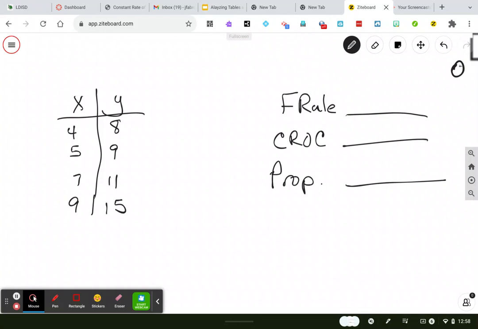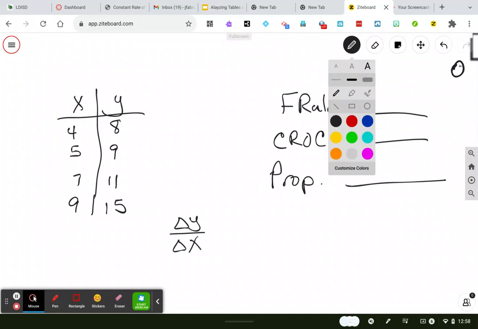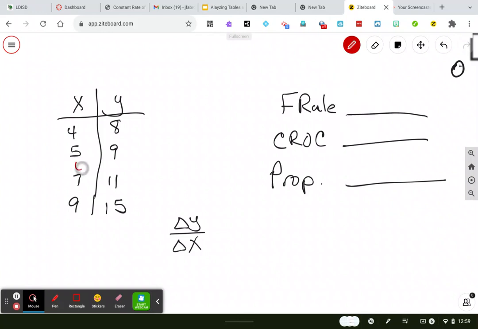Okay. This is where you got to pay attention. Change in y over the change in x. Let's look at this table. If I were to put it on a number line, there are numbers between here. There's 4 to 5, and then the number between 5 and 7 is 6, and then between 7 and 9 is 8.